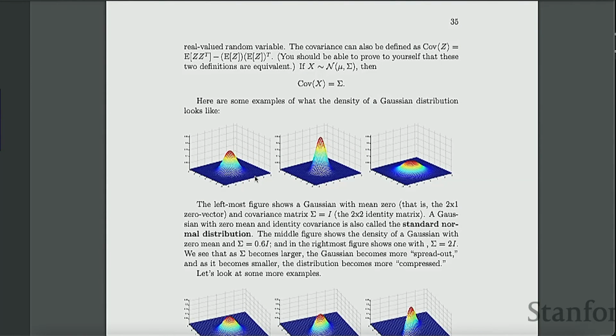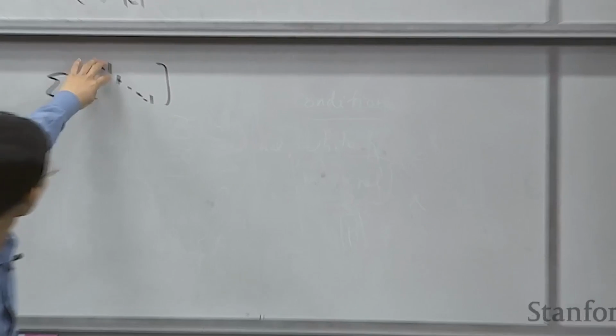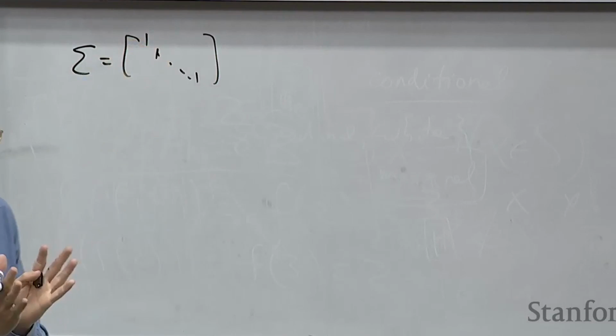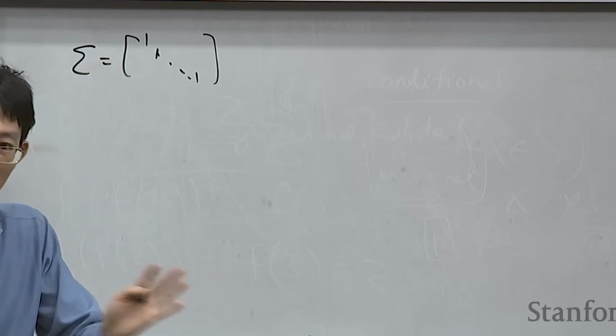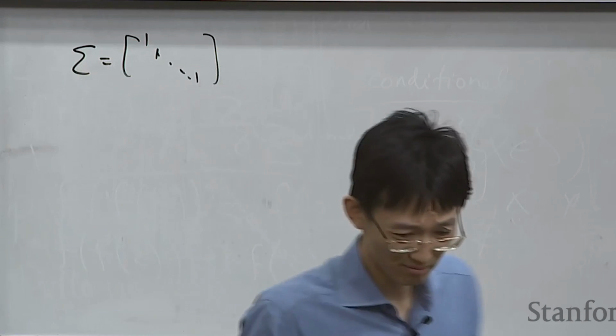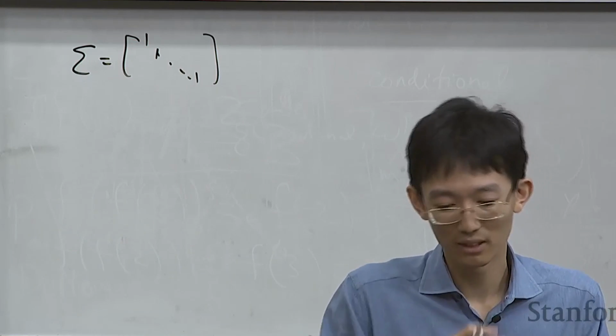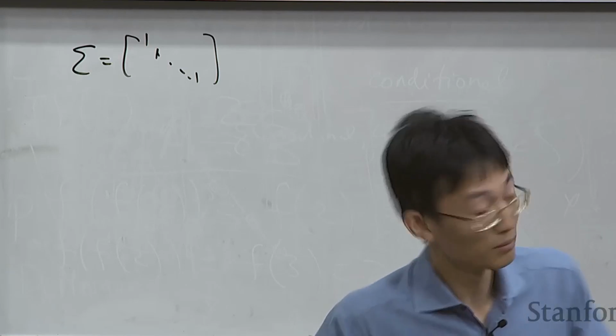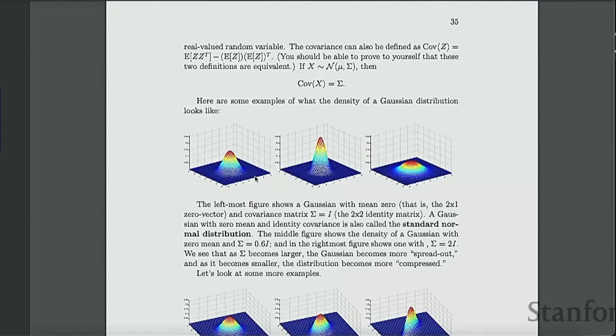Basically, when it's identity, you have the same strength in all the directions, because every dimension looks the same in some sense. That's when you see this very spherical shape of the density function.